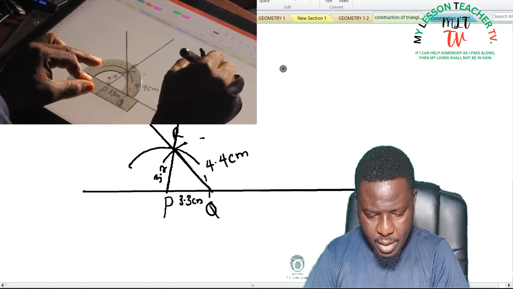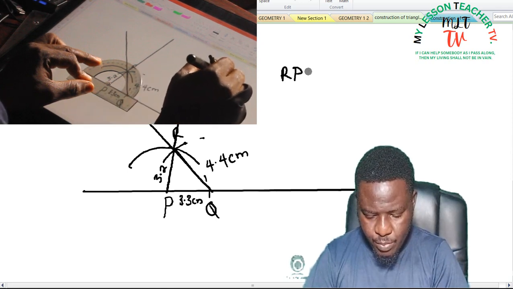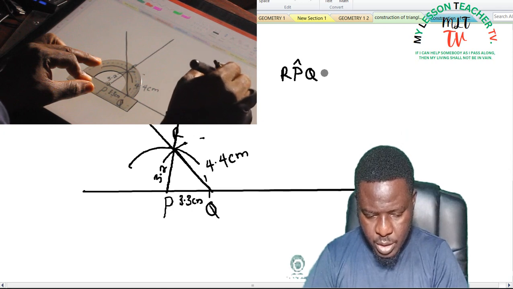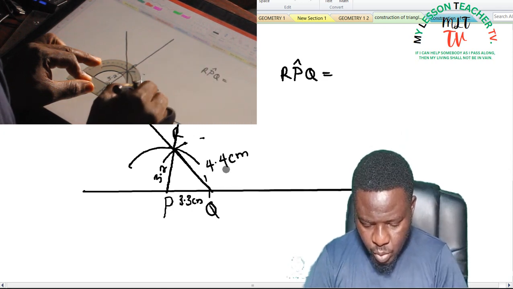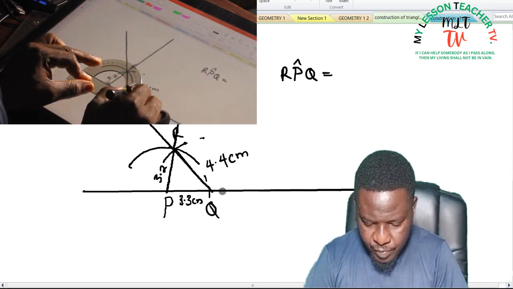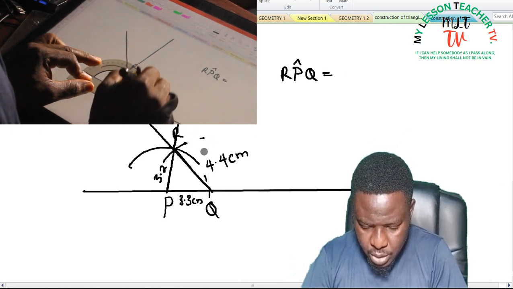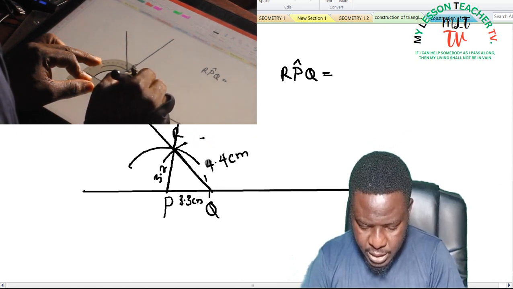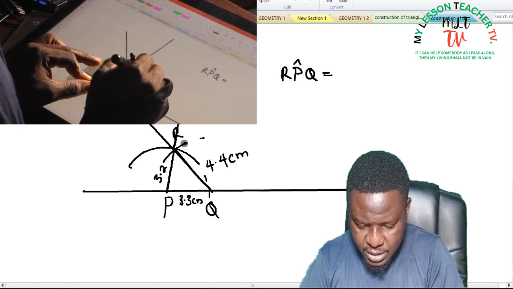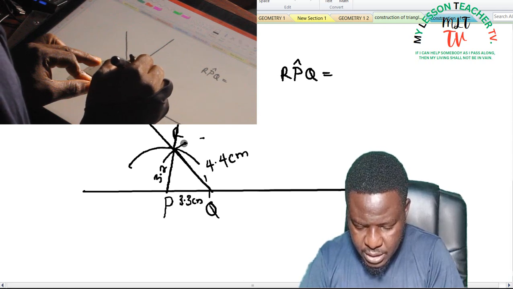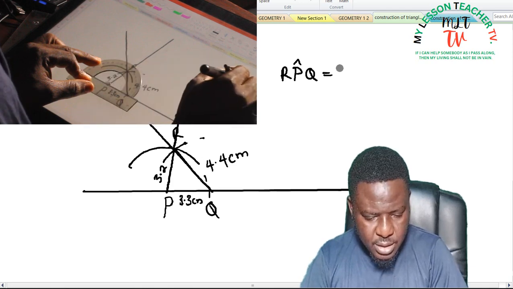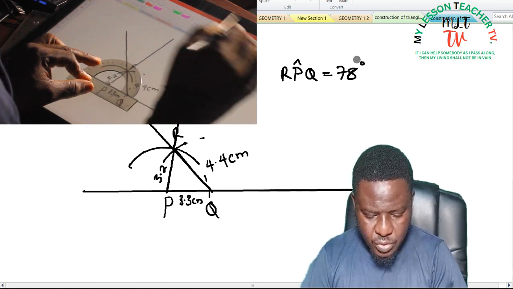So angle RPQ is said to be, when you take your reading, 10, 20, 30, 40, 50, 60, 70, 78. So this is said to be 78 degrees.